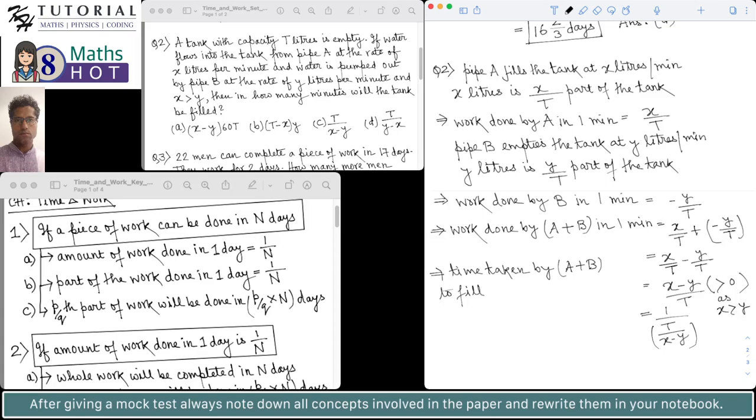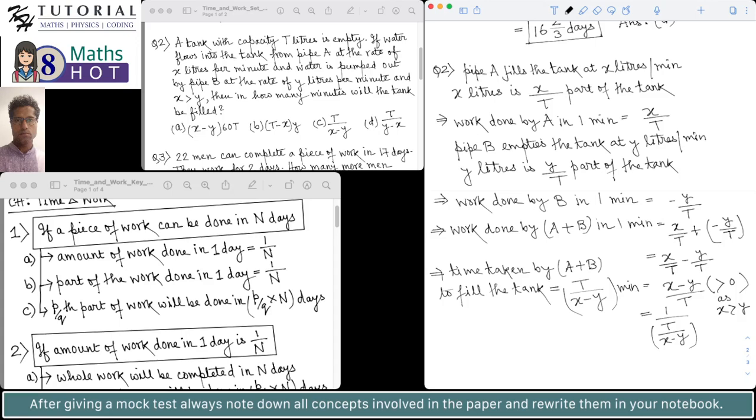So they are eventually working together, filling the tank. So time taken by A plus B to fill the tank will be equal to t by x minus y minutes.